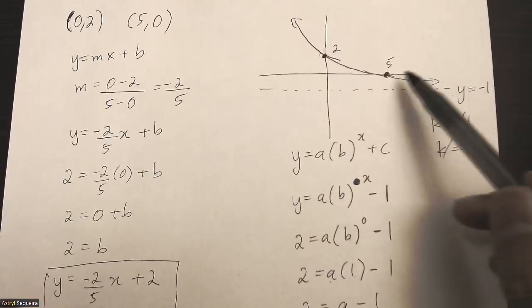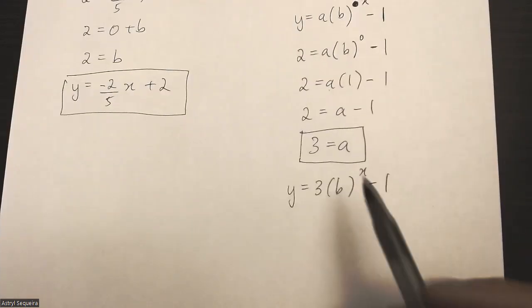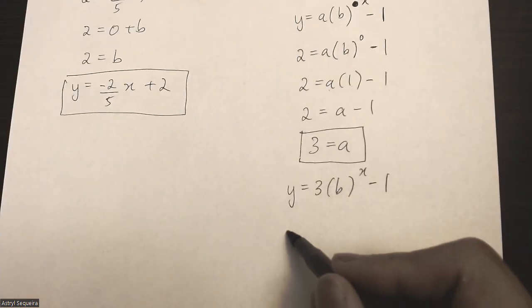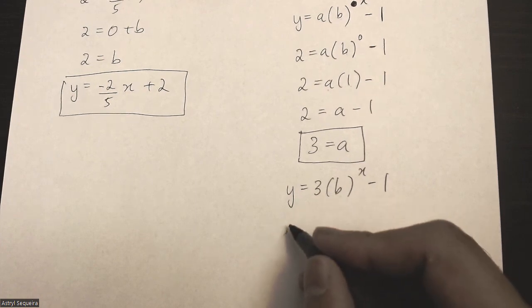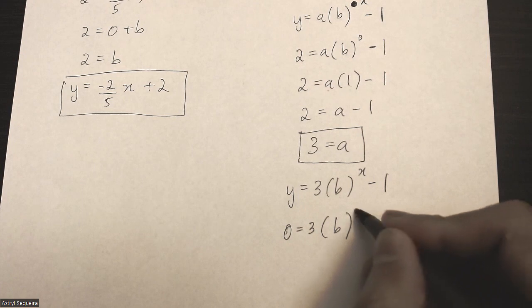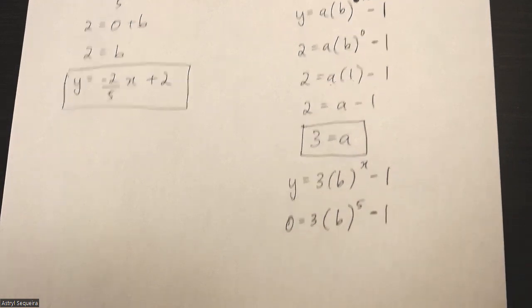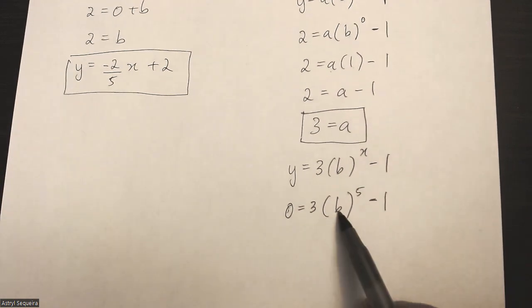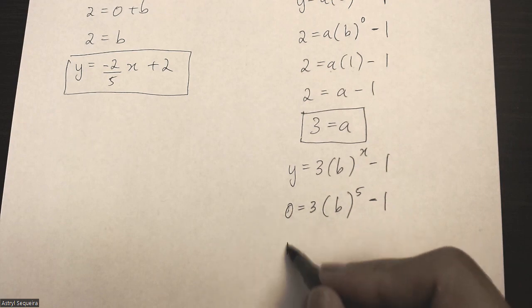Now I'm just going to sub in the other point here to find my b value. The x value is 5 and the y value is 0. So that's my equation right there. I'm trying to isolate b now. I'm going to add 1 on the other side.